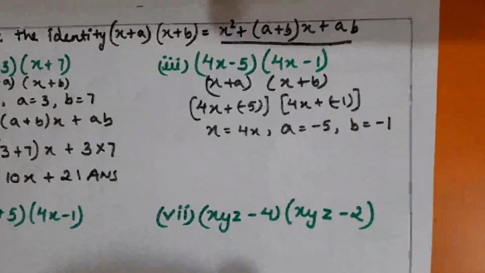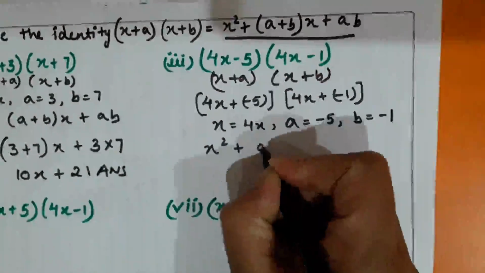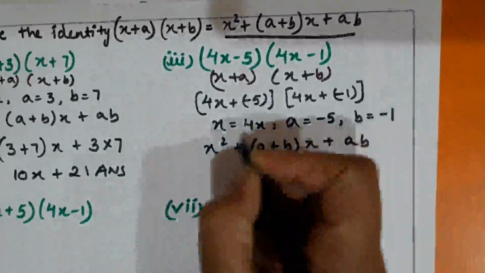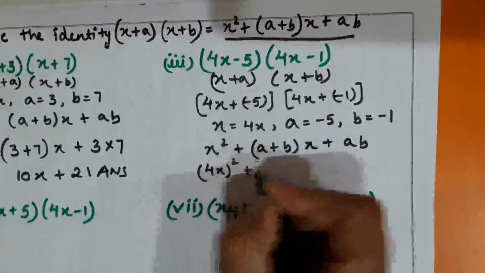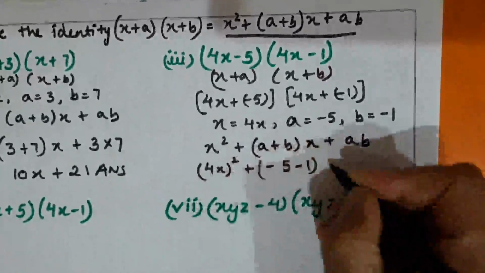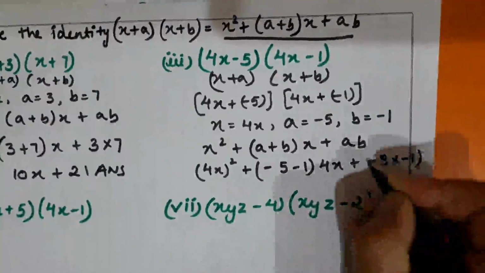Now put these values inside the formula. The formula is x square plus (a plus b)x plus ab. X square is (4x) square, write 4x square. A is minus 5, b is minus 1, x is 4x, and ab is minus 5 into minus 1.